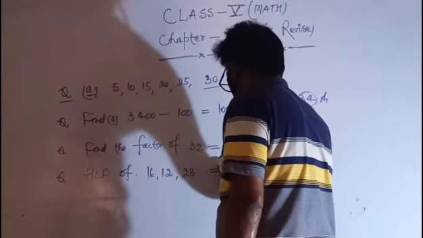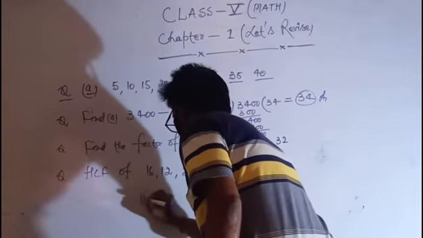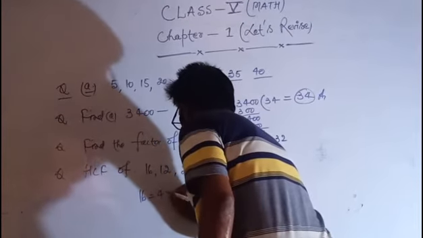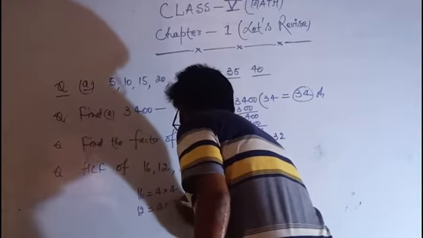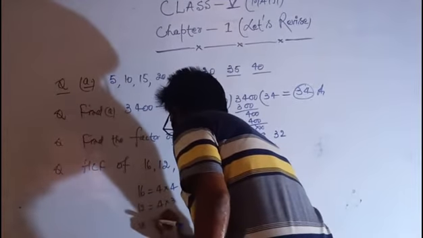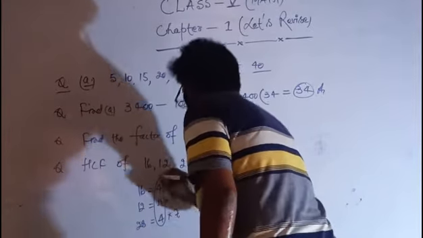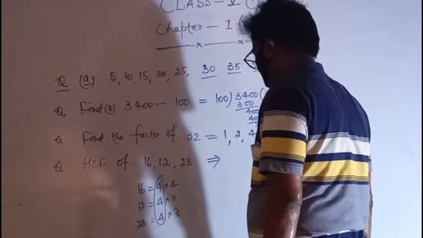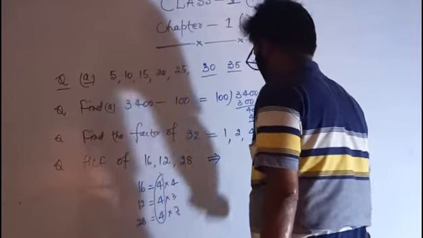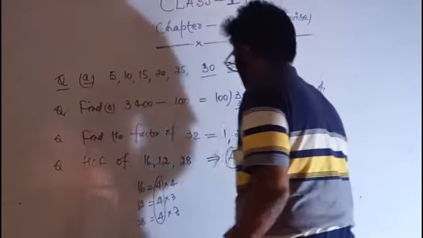It is clear that 16 equal to 4 into 4, 12 equal to 4 into 3, and 28 equal to 4 into 7. So 4 is common in all the given three numbers, 16, 12 and 28. So HCF is 4.